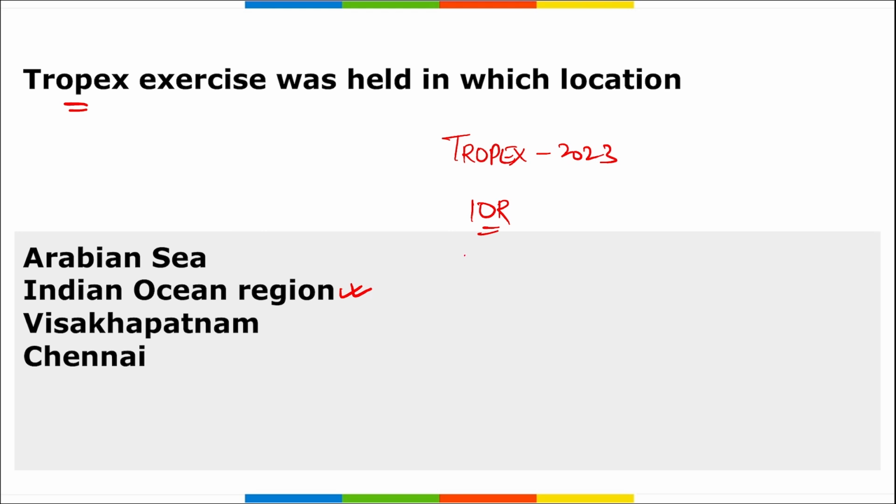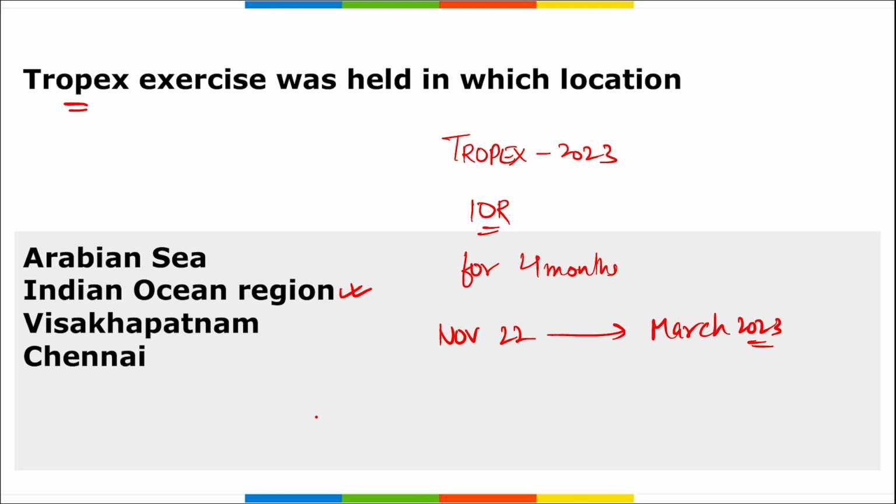This exercise was for 4 months. It started in November 2022 and went till March 2023, and it culminated in the Arabian Sea. So the question asked is, where was this held? In the Arabian Sea, in the Indian Ocean region.